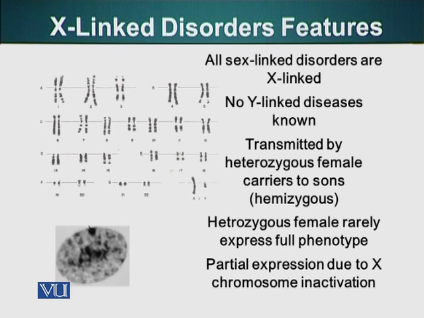So the partial phenotype of X-linked disorders in heterozygous females is due to the fact that one X chromosome is getting inactivated at random, and if it so happens that the majority of the cells inactivate the X chromosome carrying the normal allele, such females will show the partial phenotype, although they have one normal copy of that gene.